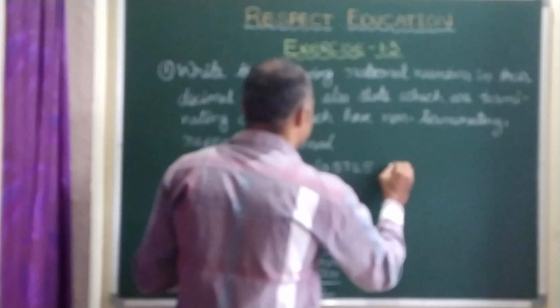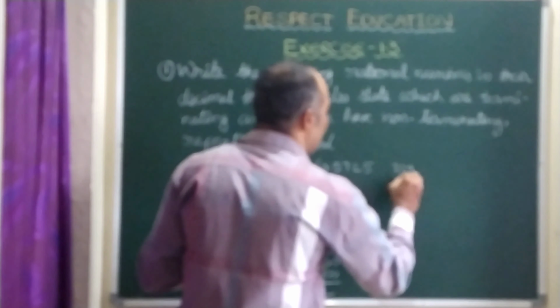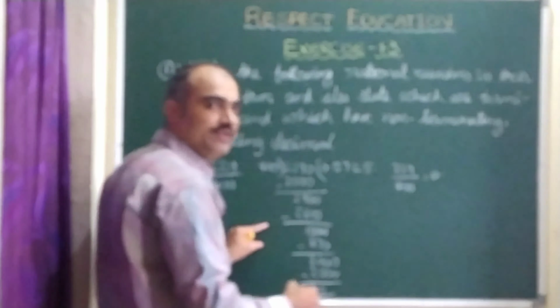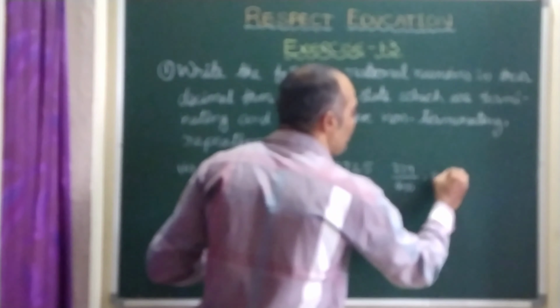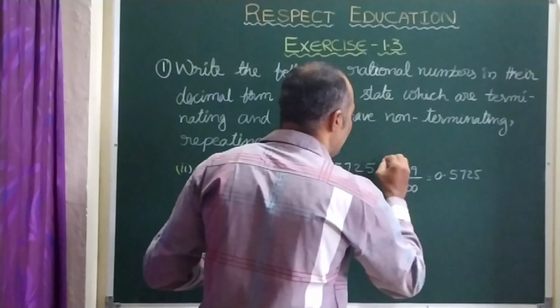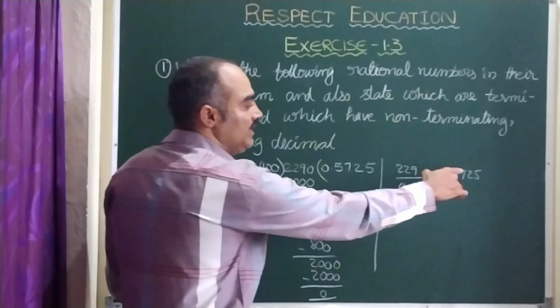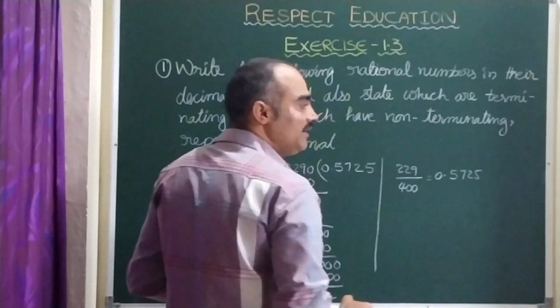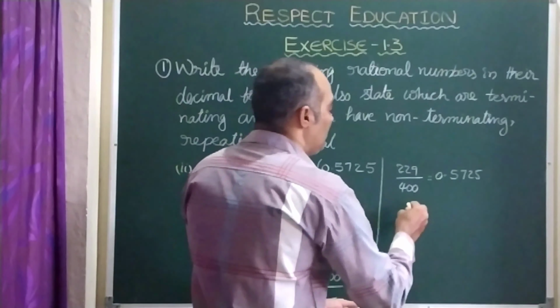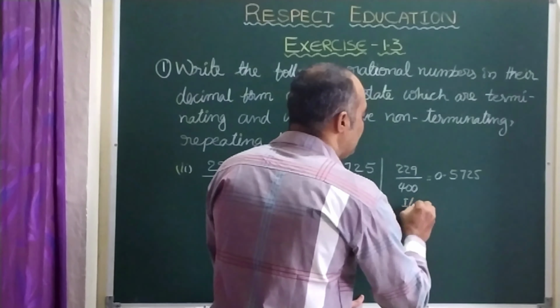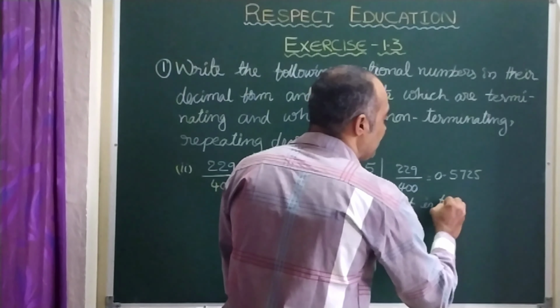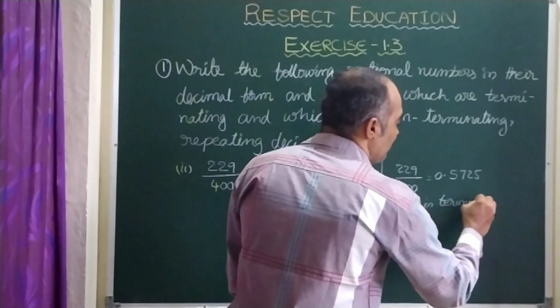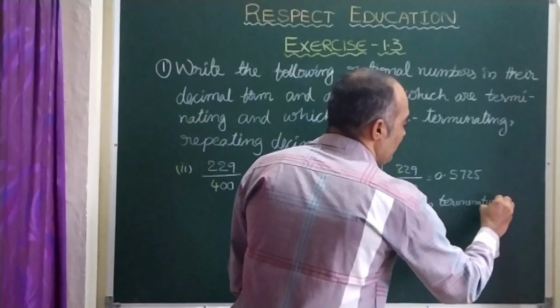So here let us write 229 divided by 400 is equal to 0.5725. See here it is ended. It has an end. So here we can say that it is terminating decimal.